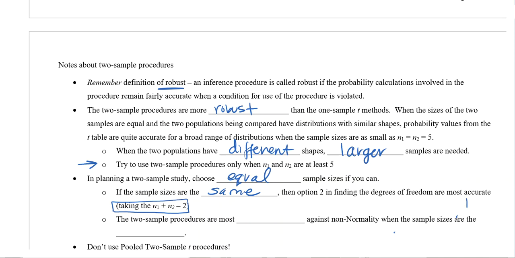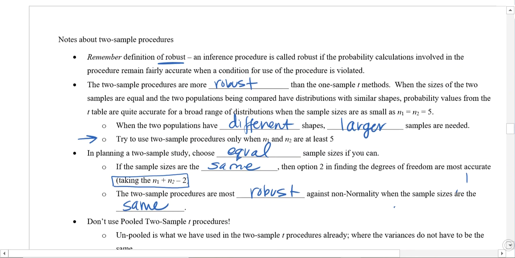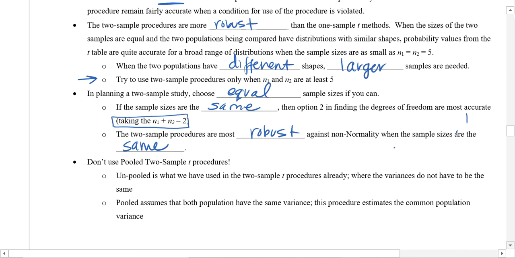And so the two sample procedures are most robust against non-normality when the sample sizes are the same. So again, if you're using the same sample size for both groups, you can get away with things that aren't perfectly normal.